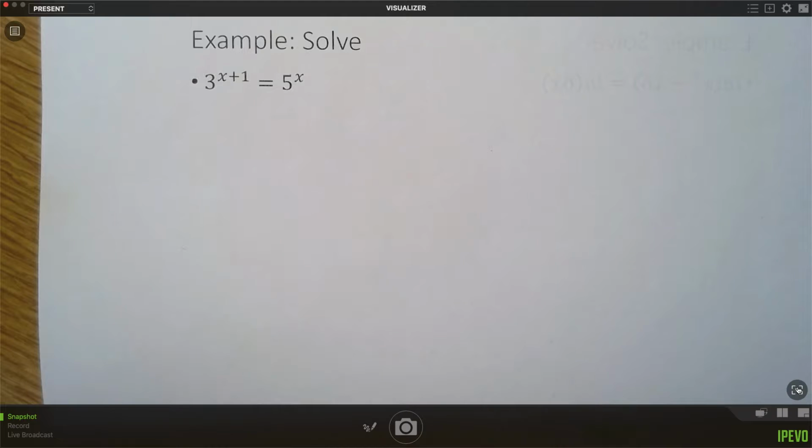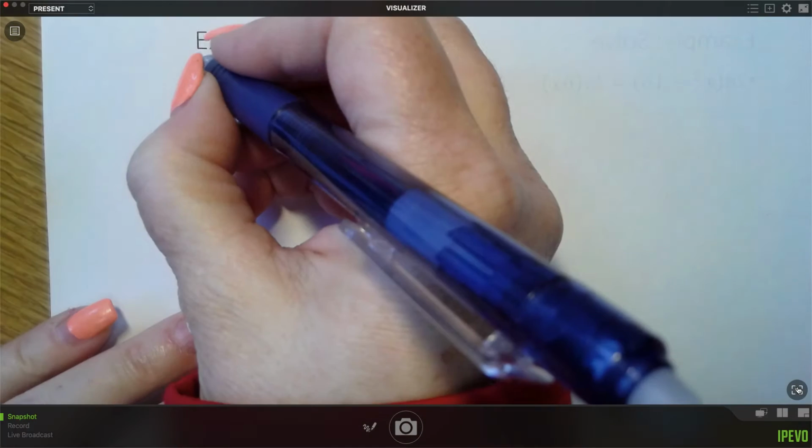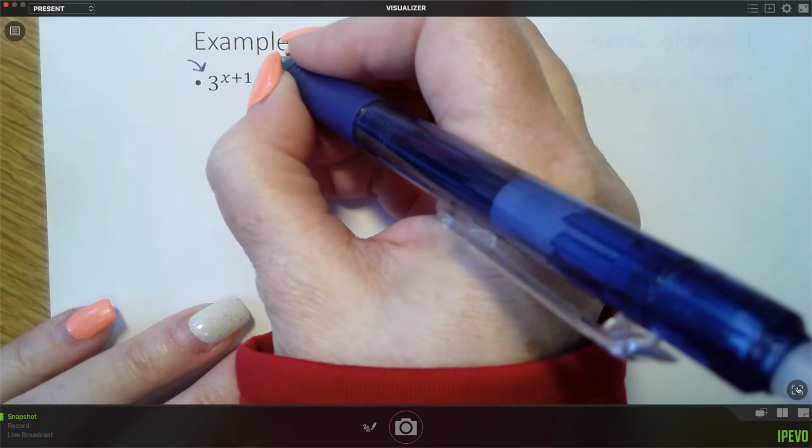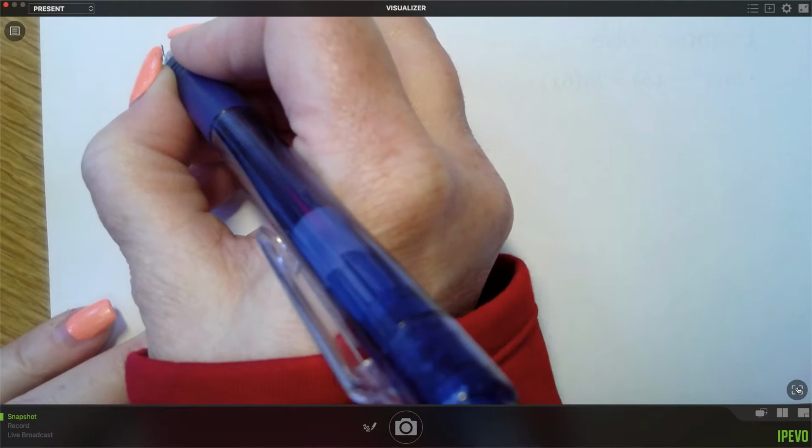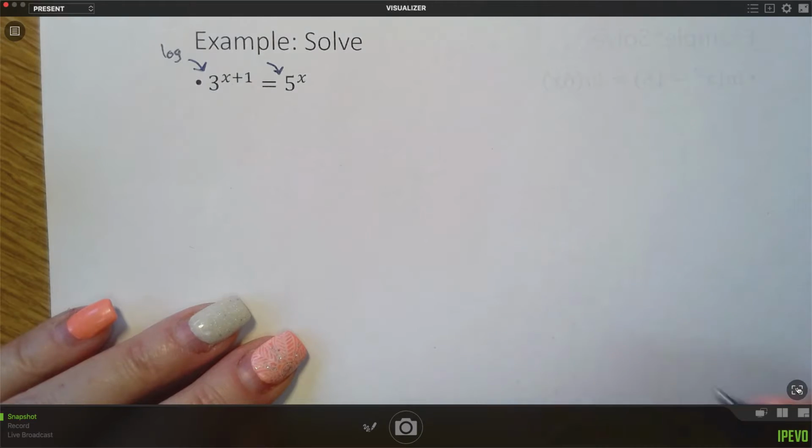Do I have a property of logarithms that can do that? The power property, yeah. And can I do anything I want to an equation? Yeah, as long as I do it to both sides. So if I know I have a property of logarithms that can get those exponents out, I can insert a log here and here.